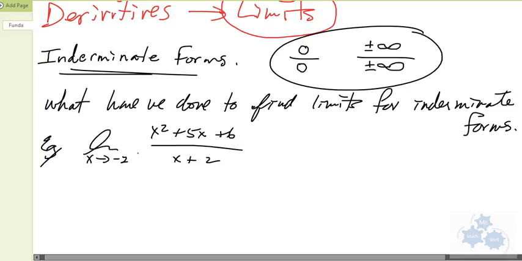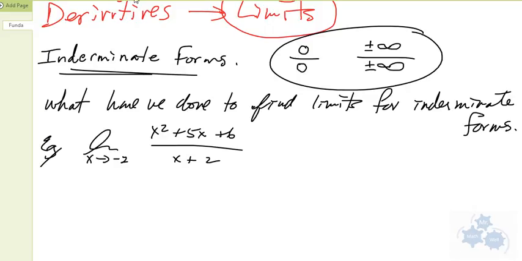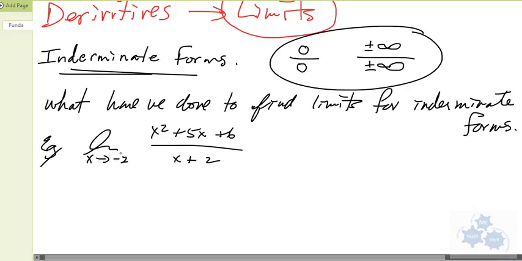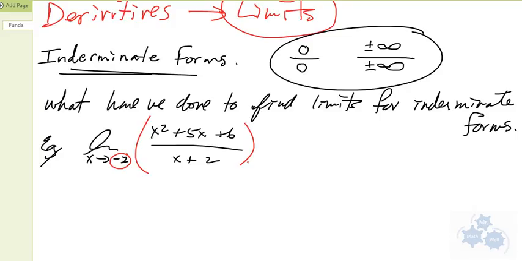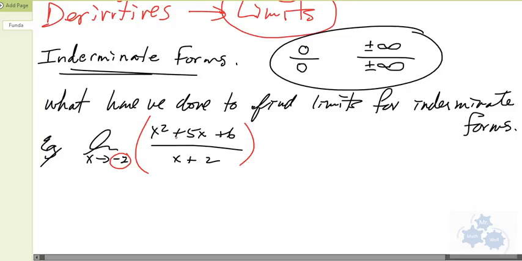When you're asked to find what the limit is, one of the first things you do is try plugging negative 2 in for the variable, because if this rational function is continuous there, the limit might be that actual answer. That's the first thing you would do.